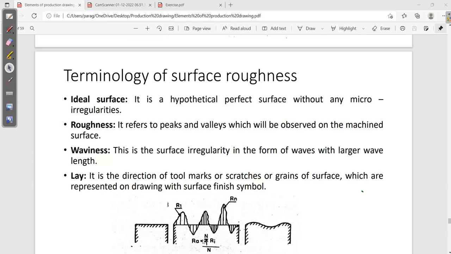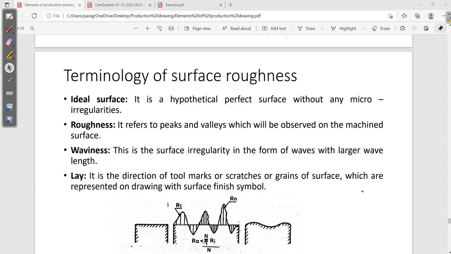If you consider a mirror surface or glass surface, it is shiny, but roughness will always be there, even if it's shiny. Even a mirror surface will also have surface roughness.